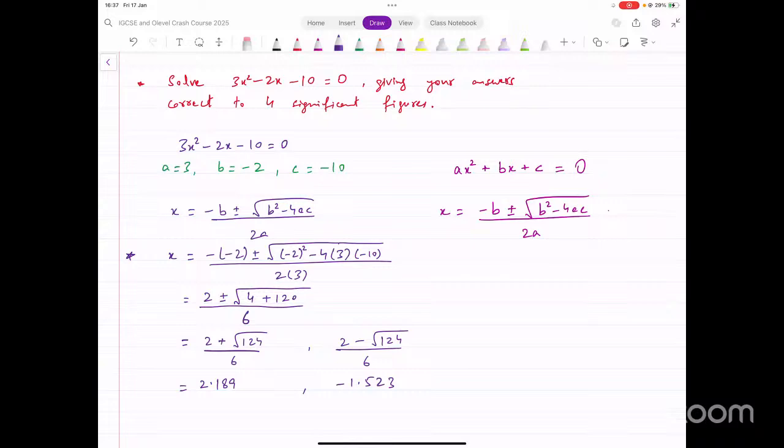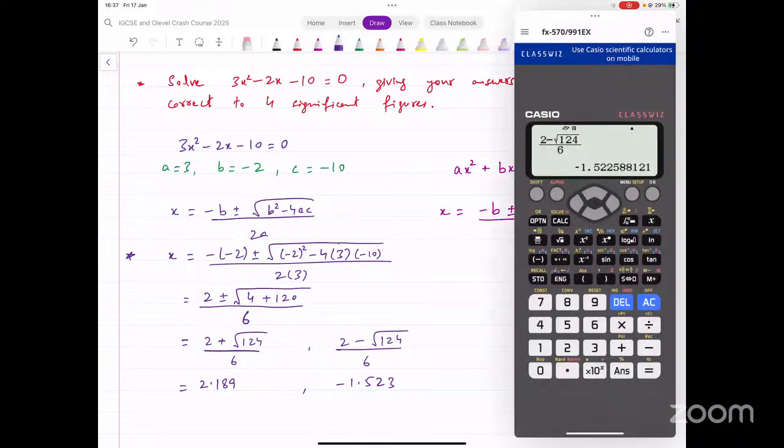Now, to verify your answers, I would highly recommend that you know how to use the calculator function to solve quadratic equations, because that will be helpful to verify your answers. If you have a calculator like this, you can go to menu and go to the equation solving function here.